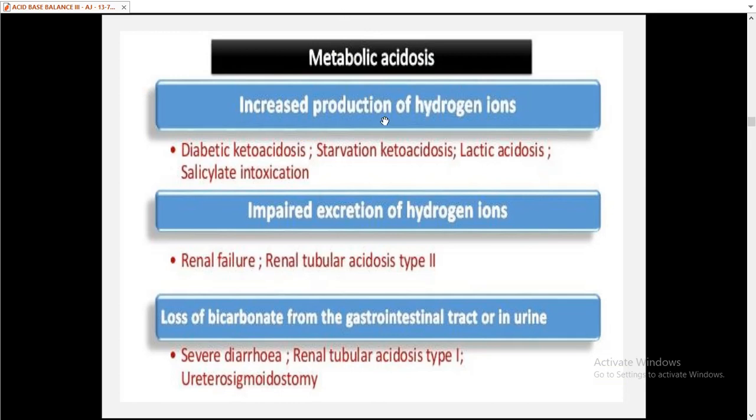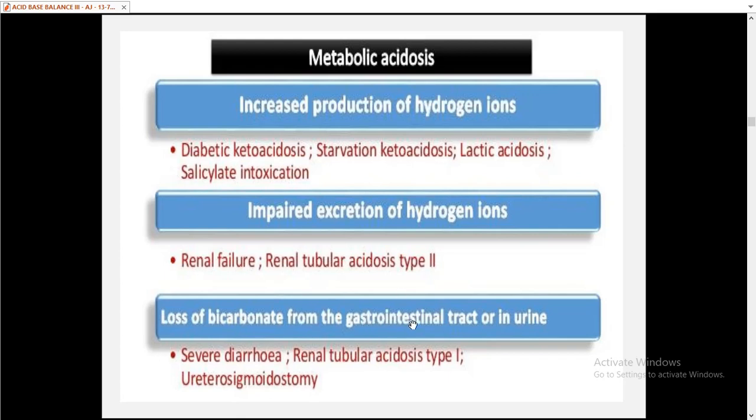So, increased production of hydrogen ion concentration is seen in diabetic ketoacidosis, in starvation, lactic acidosis, and salicylate intoxication. Impaired excretion of hydrogen ion can be seen when there is renal failure or renal tubular acidosis type 2.